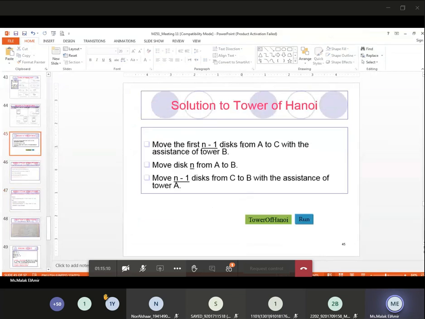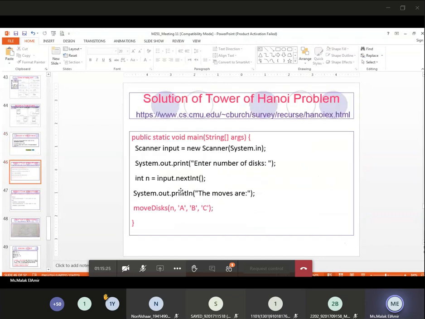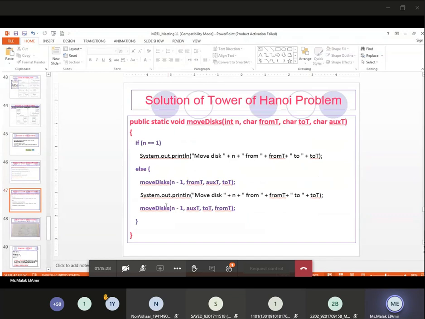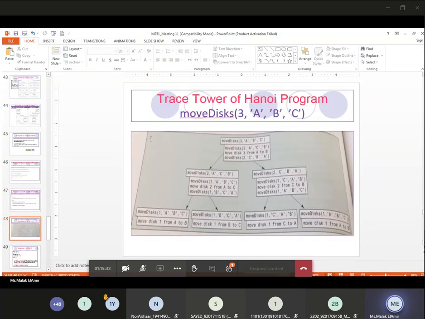Move n minus 1 disks from A to C with the assistance of B. Move disk n from A to B. Then back again, move n minus 1 disks from C back to B with the assistance of tower A. Clear? By the same technique, 1, 2, and 3. And this is an example of the Tower of Hanoi results.